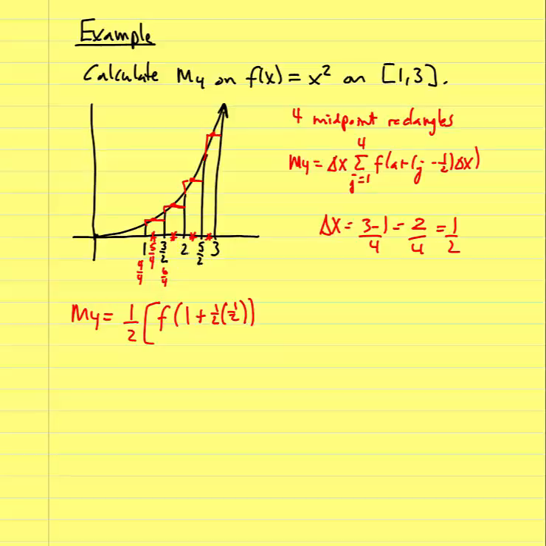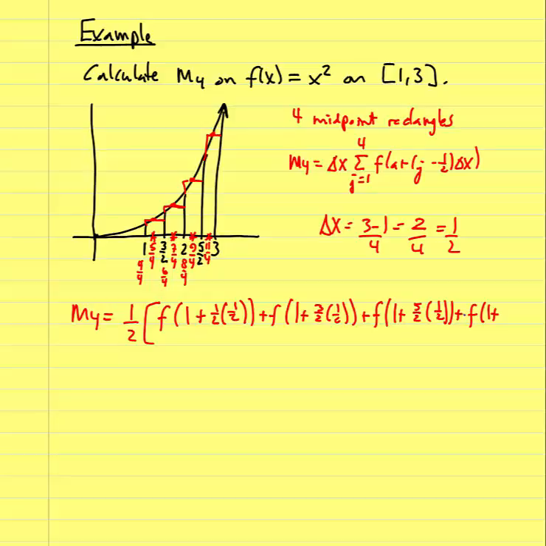So let's go ahead and keep up this process. 6/4, this would be 8/4. Halfway in between would be 7/4. So 5, 7, 9/4, 10/4, 11/4. But let's see how this plays out with our function. So this would be 1 plus 1/2. Actually, this would be 2 minus 1/2, which is 3/2 times 1/2. Delta x is my 1/2. Plus f of 1 plus 3 minus 1/2, which is 2.5, or 5/2, times 1/2. Plus f of 1 plus, what are we at for my index? 1, 2, 3.